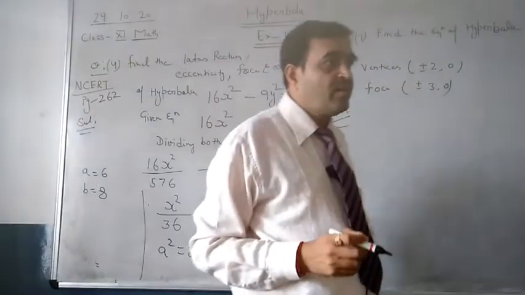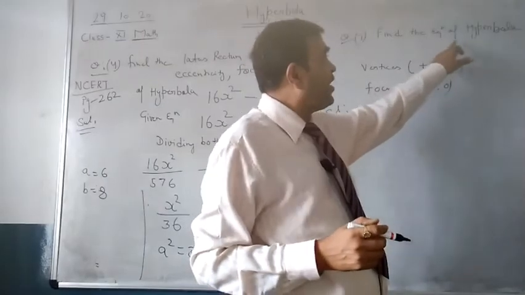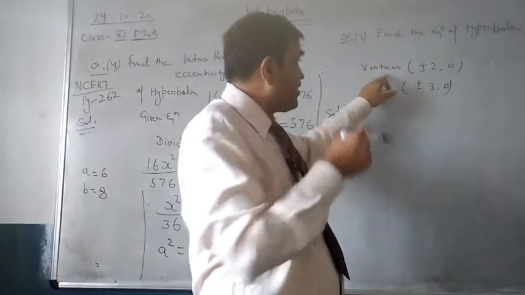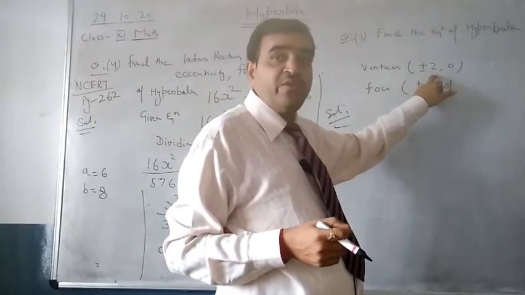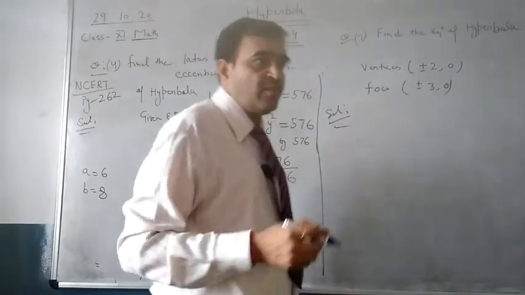Next question. Question number 7. Find the equation of hyperbola whose vertices are plus minus 2 comma 0 and foci are plus minus 3 comma 0. Solution.